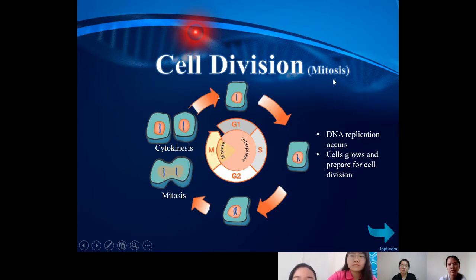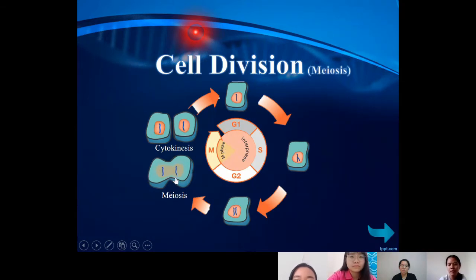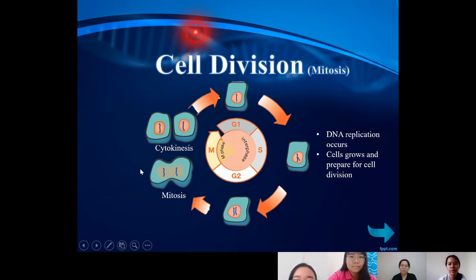The M phase of mitosis and meiosis is different. For meiosis, the M phase is meiosis. For mitosis, the M phase is mitosis. After the M phase, the cell will undergo cytokinesis. The cytokinesis process of mitosis is similar to meiosis.